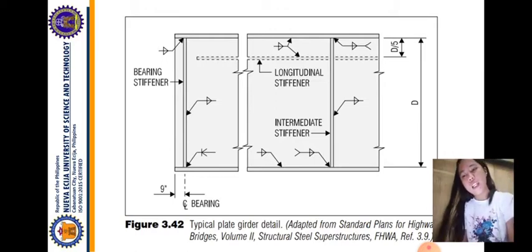A longitudinal stiffener centerline is located a distance of D over 5 from the inside surface of the compression flange according to AASHTO 10.48.6.1. In this particular detail, the longitudinal stiffeners are to be stopped 2.5 inches or 63.5 millimeters short from the point where they intersect connection plates and web splice plates.